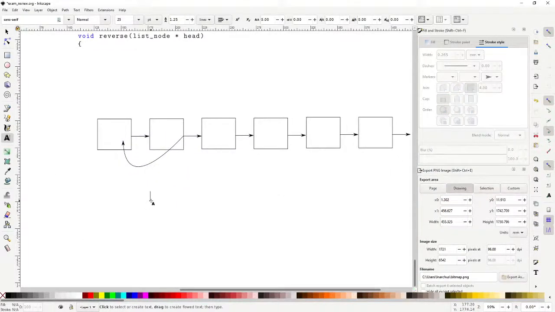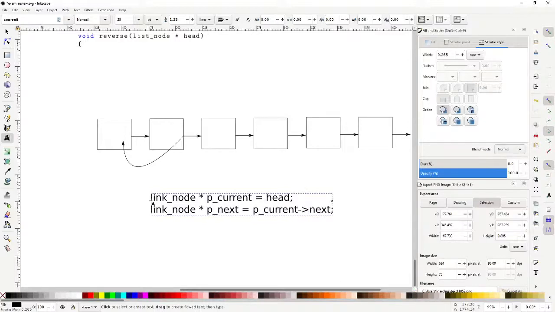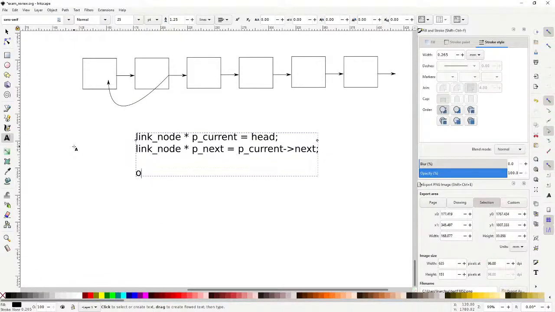If we have a p current, let's say we have a link node pointer p current equal to the head, and a link node pointer p next equal to p current dot next. How do we reverse it? It's pretty easy. All you have to do is say if p next, because it could be null.